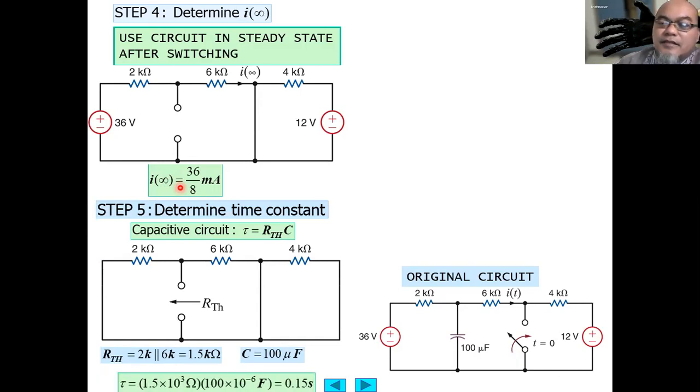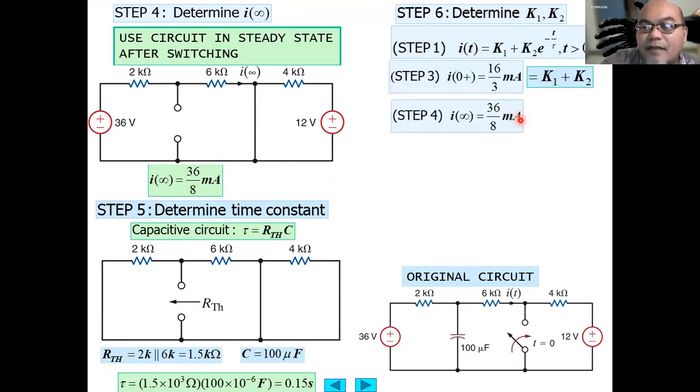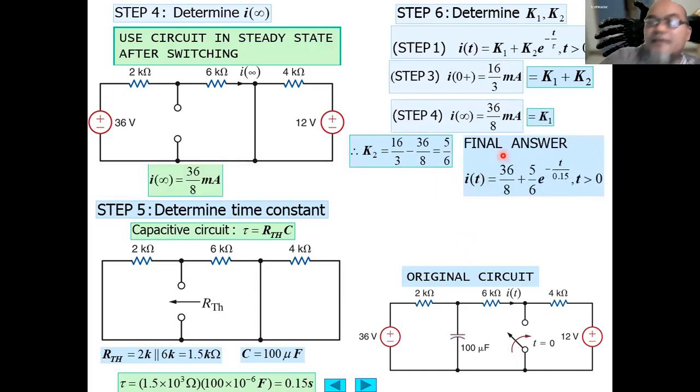Then you obtain the tau. The K1 and K2 can be calculated from the initial value of the current, i(0+), and the steady state value, or i at infinity. Okay, is there any questions so far?